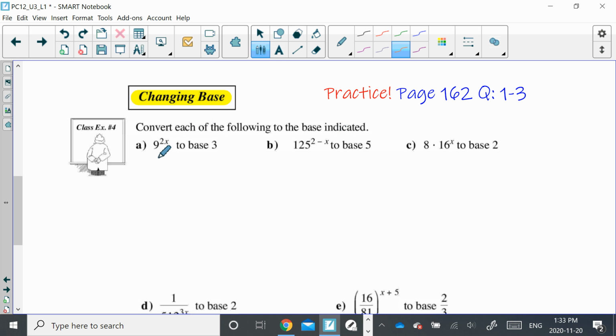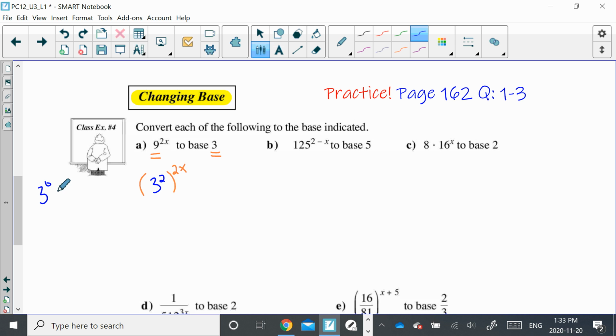So what they want me to do is, this is a base 9, and they want me to write it to a base 3. So what you have to say to yourself, I'm going to put this 2x outside of the bracket. You have to say to yourself, 3 to what power will give you 9? And everybody should know that that's 3 to the power of 2, right?